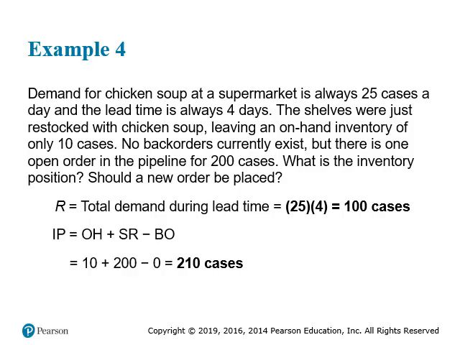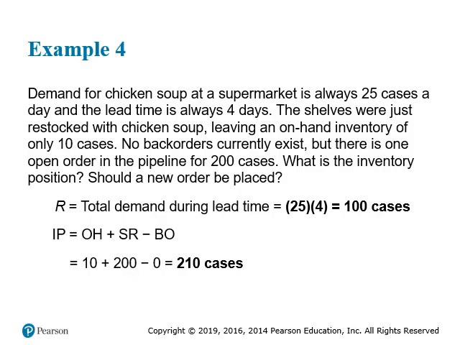No backup orders currently exist, but there's one order in the pipeline for 200 cases, right? So we've got an inventory position of 200 cases plus 10. 10 sitting on the shelf, 200 on the way.